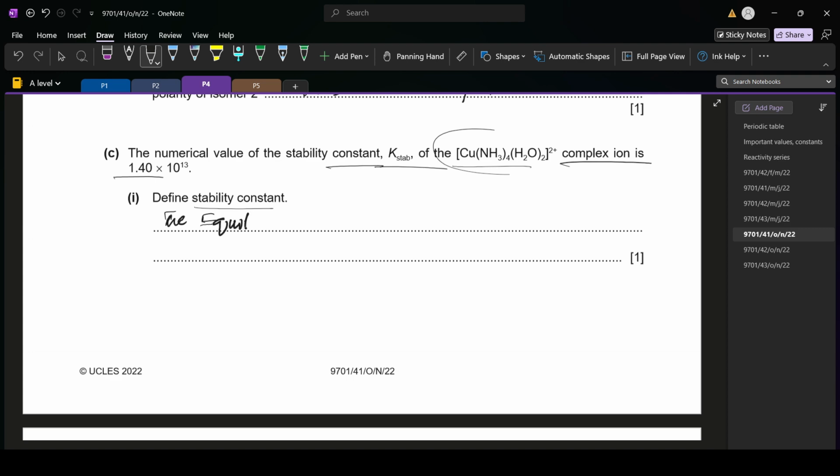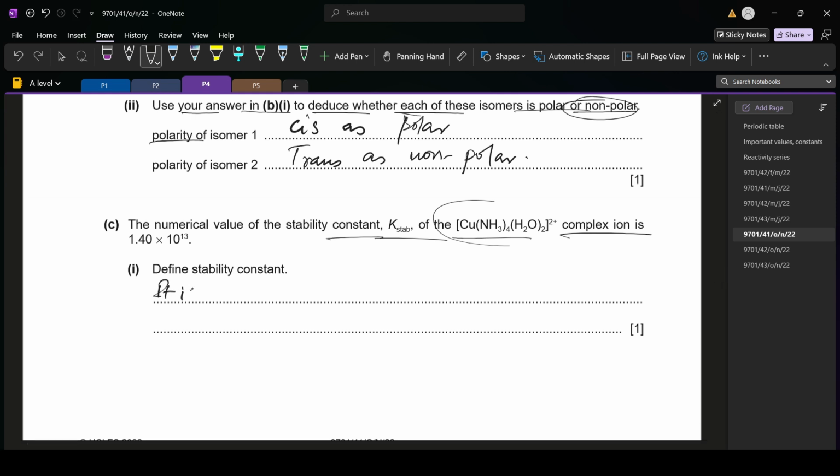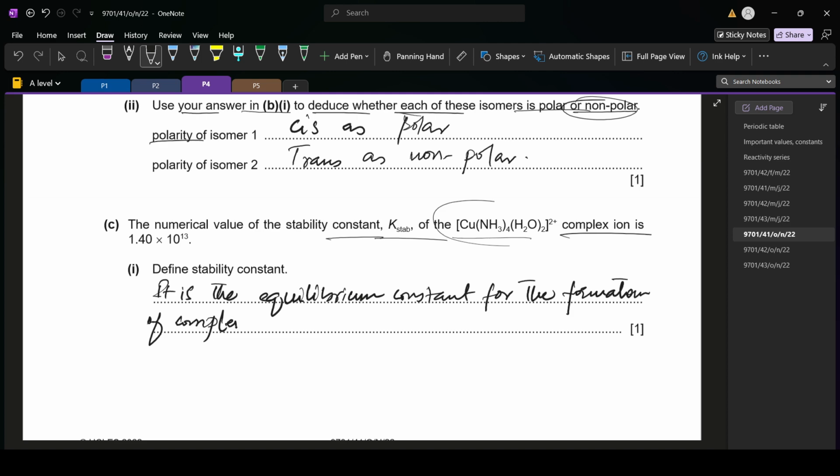The equilibrium constant is the equilibrium constant for the formation of complex ion in a solvent from its constituent ions.